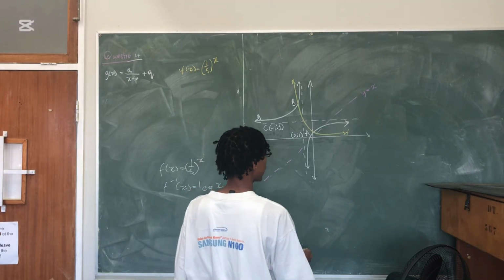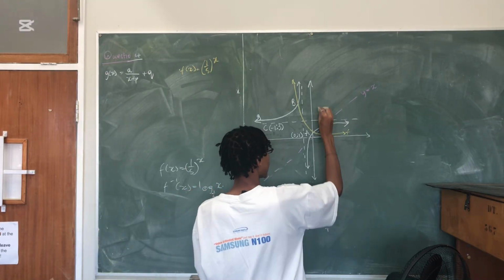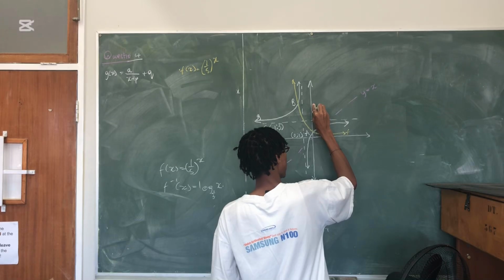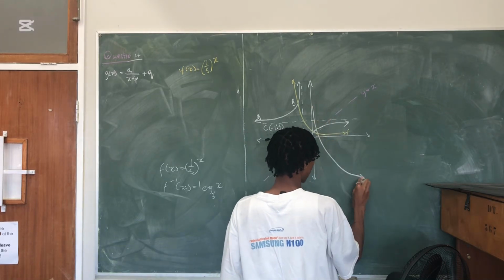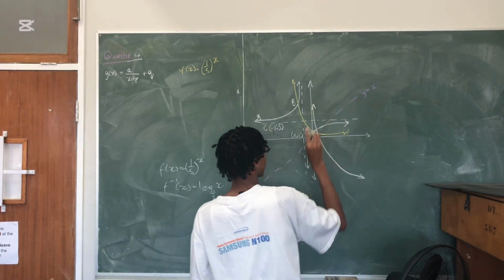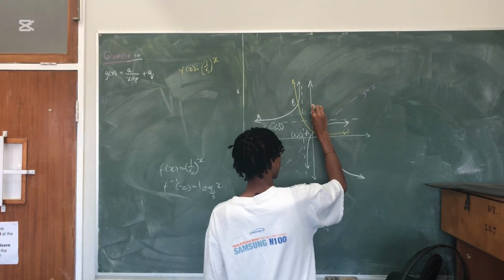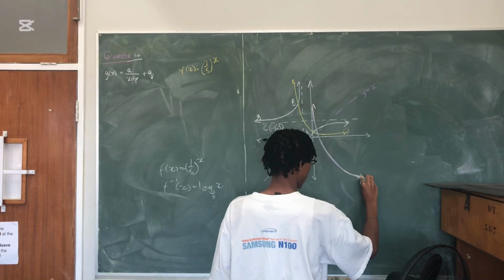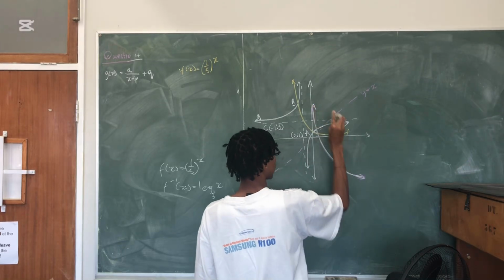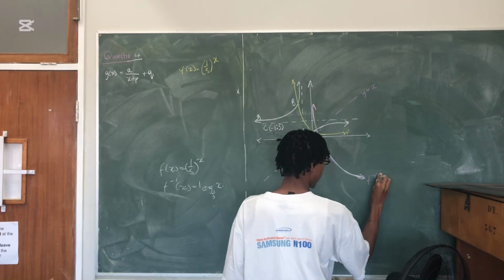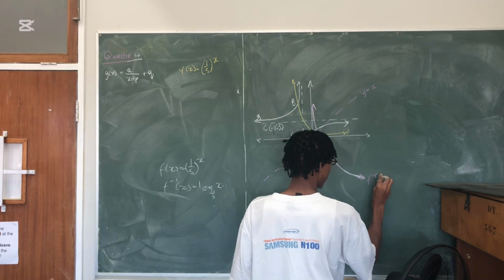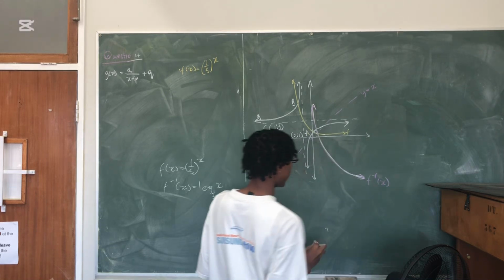So it's going to be a reflection of this function. This is the inverse of our f of x function.